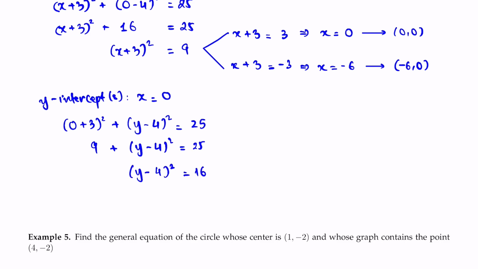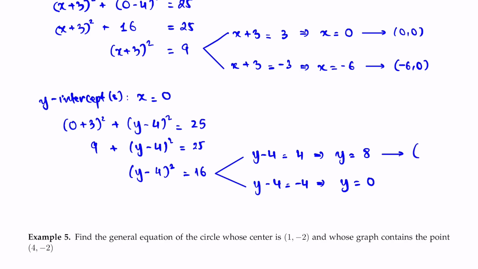Again, you break it down into two scenarios. When you take the square root on both sides, you get y minus 4 equal to 4 and y minus 4 equal to -4. The first equation gives y equal to 8, and the second equation gives y equal to 0. Then you have two y-intercepts: (0, 8) and (0, 0).